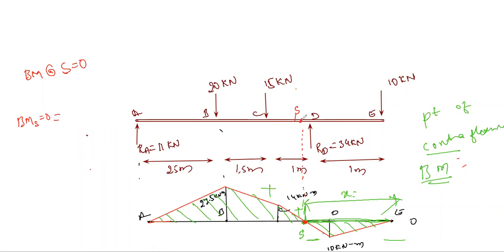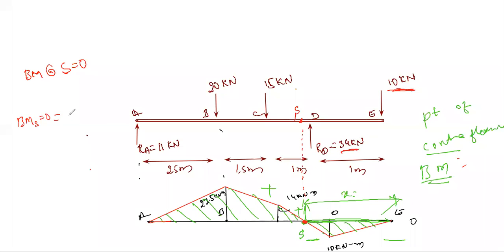Now we need to calculate the moment at this point. How can we calculate it? We can calculate by considering the forces acting to the right of this. We have 10 kilonewton and we have this 34 kilonewton.